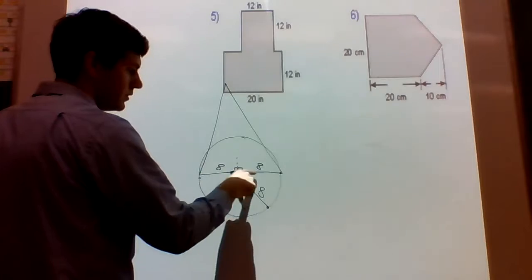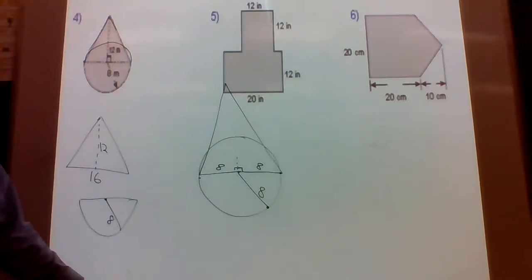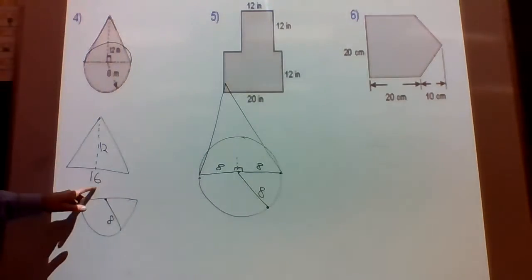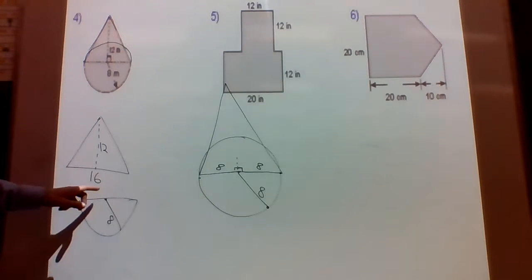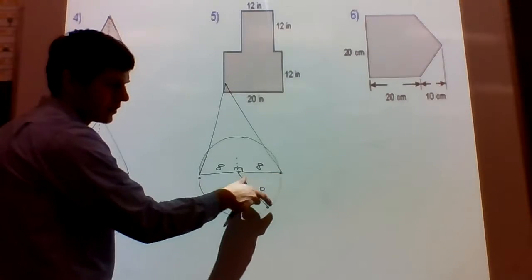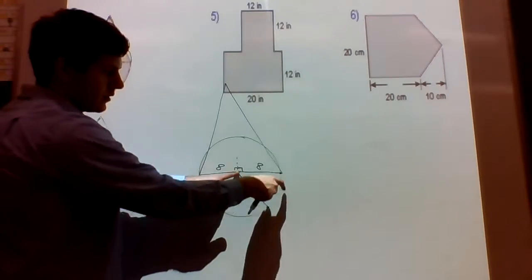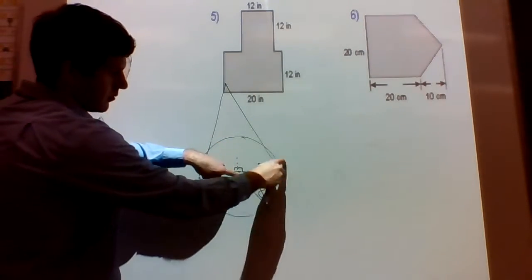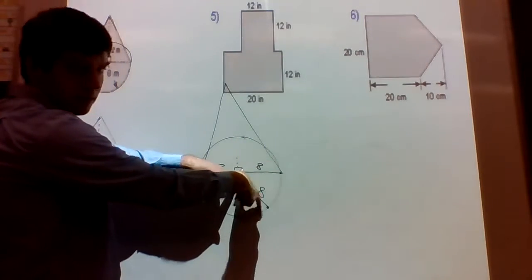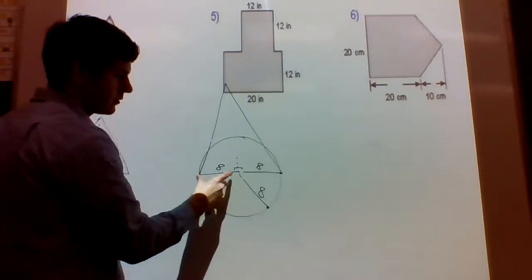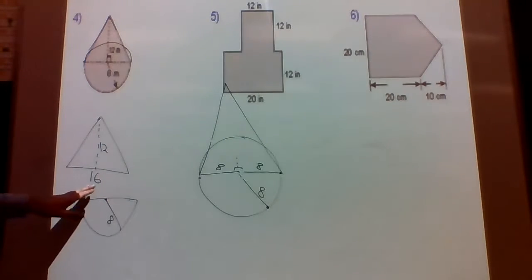Well, if this piece is 8 and that piece is 8, what's the whole base? The whole base is going to be 16. The radius of the circle is 8, so everything around here would be a distance of 8. Base is 16.